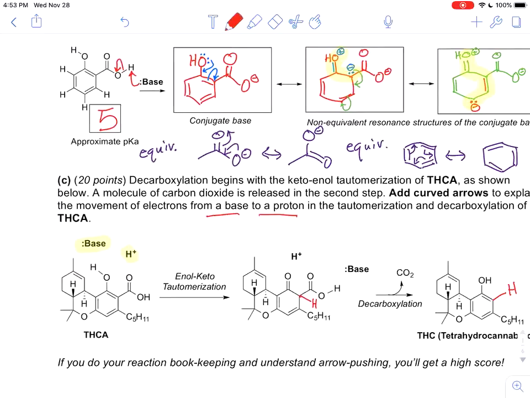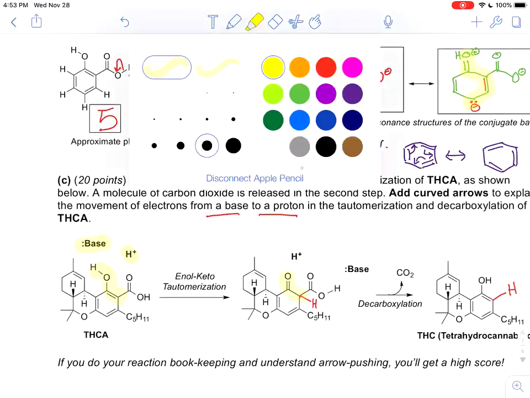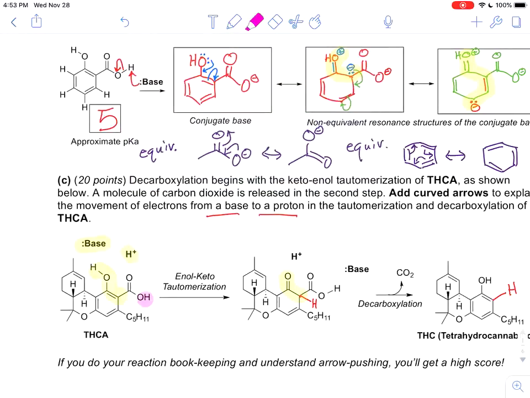I'm going to make a list of bonds broken and formed because there's a lot going on here, but I do want to highlight, because highlighting is fun, that this is the only region that's changing in the first step. Nothing's happened to the carboxylic acid group aside from the fact that I just made that an OH, whereas this is an OH with a line in between it. They're exactly the same.